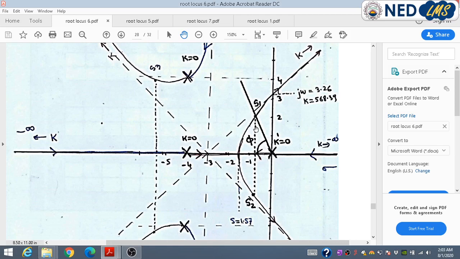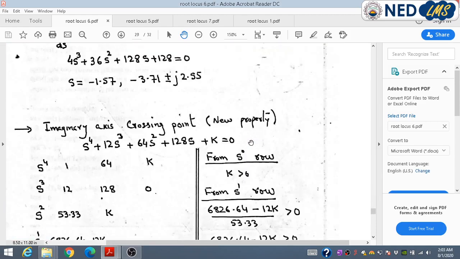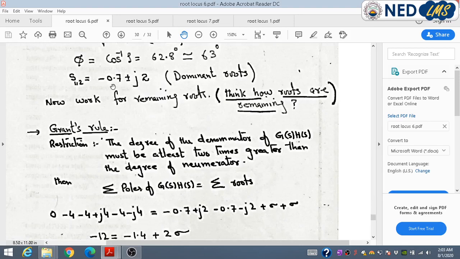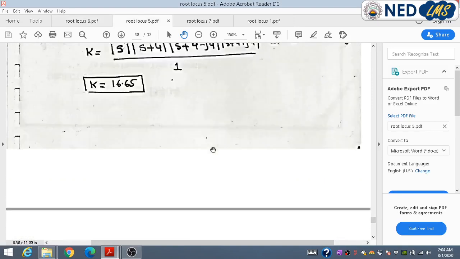With the help of the graph paper, the coordinate of the S1 root can be determined. Here I have written the coordinates of these two roots, which are minus 0.7 plus or minus j2.